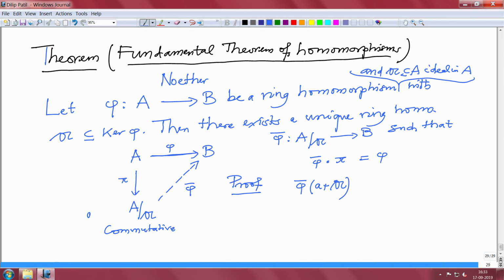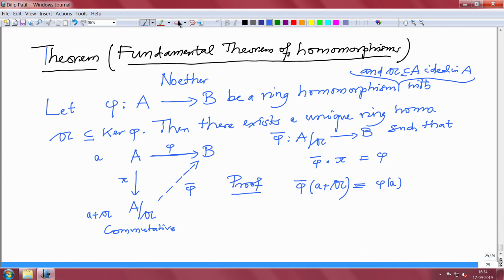This coset A plus A is here, and it will go somewhere here, phi of A, and we want this equality. So we are forced, and we can define this.